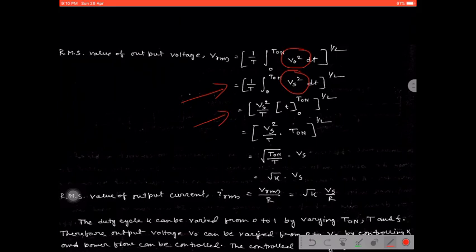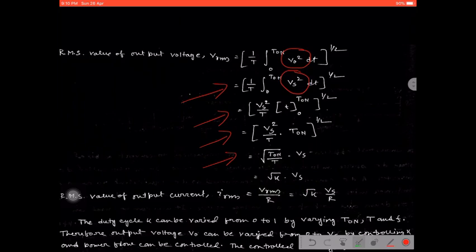As root mean square, we are going to calculate the RMS value. So ultimately, after simplification, all steps are given over here, and we will get the result, that is root K Vs. Okay, in which K equal to duty cycle, and that is defined by T on by T.